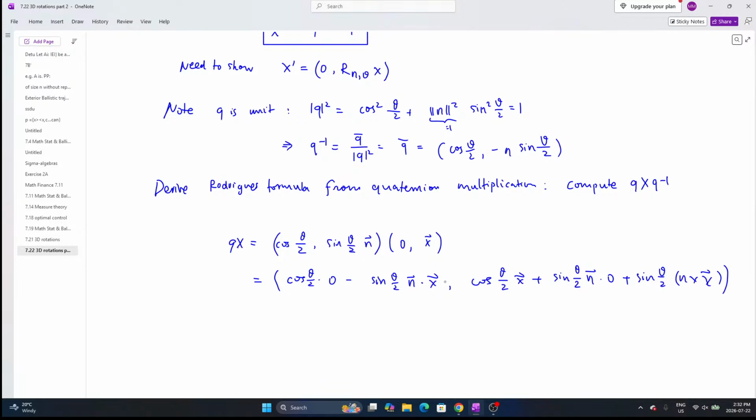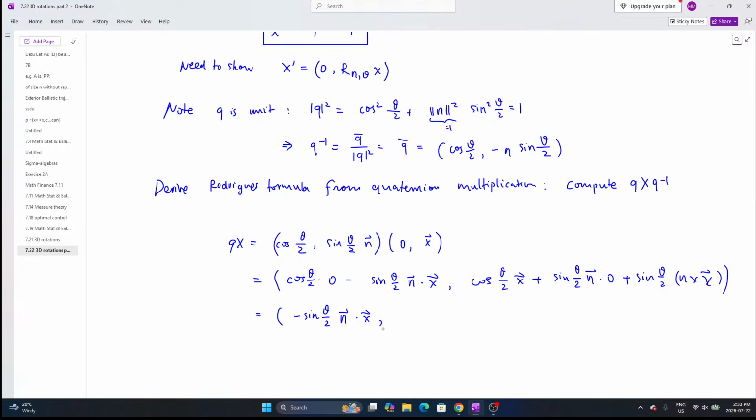That's just the multiplication formula, which we just mentioned, and also a generalization connection. So to simplify, you just get rid of the 0, so you get minus sine half theta n dot with x. There you go.